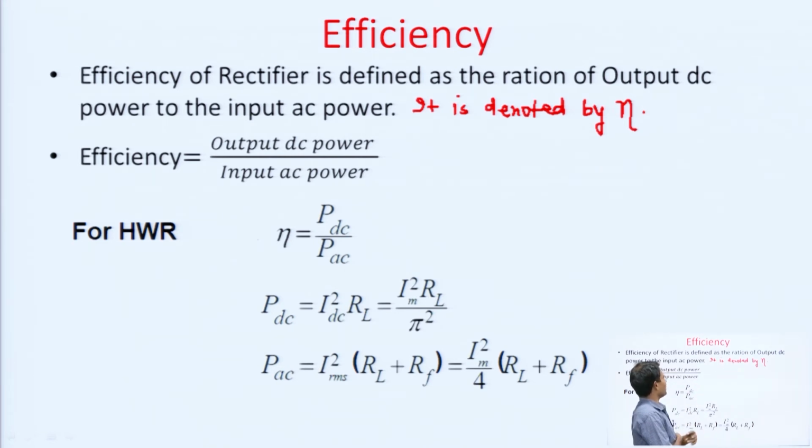It is denoted by eta. Efficiency is equal to output DC power upon input AC power. Here eta is equal to Pdc upon Pac.